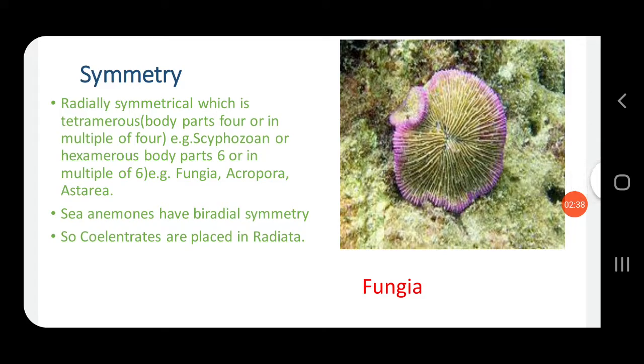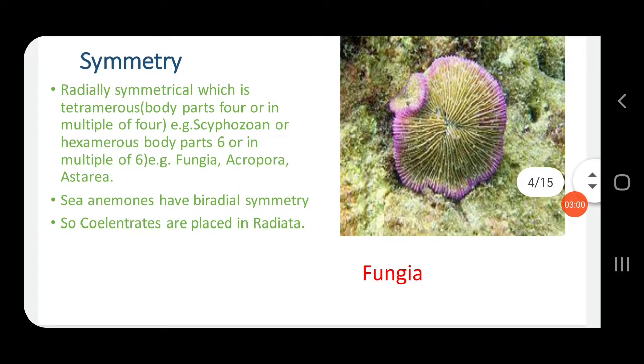Tetramerous means their body parts are present in multiples of 4, while hexamerous means multiples of 6. There are some exceptions also. For example, sea anemones have biradial symmetry. Due to this character, coelenterates are placed in the group Radiata.